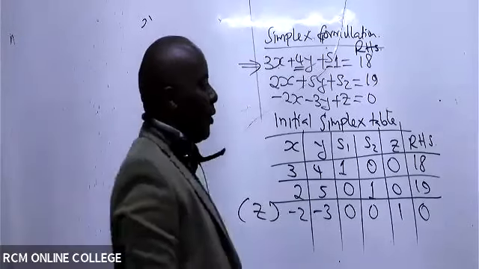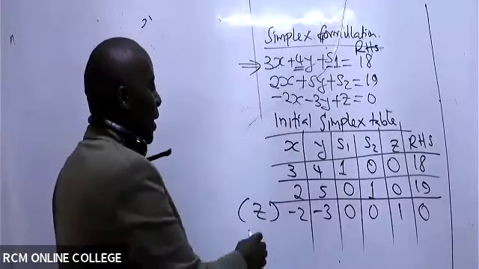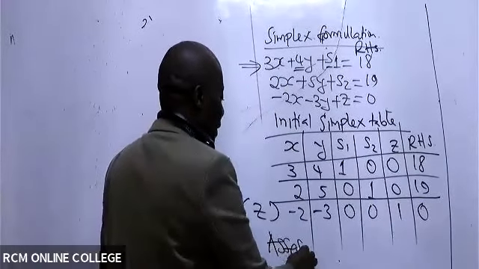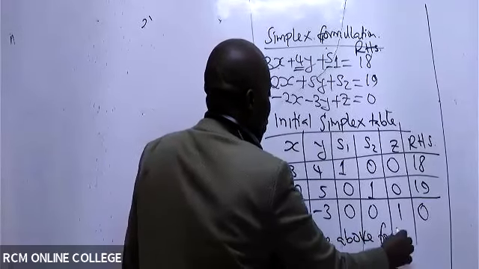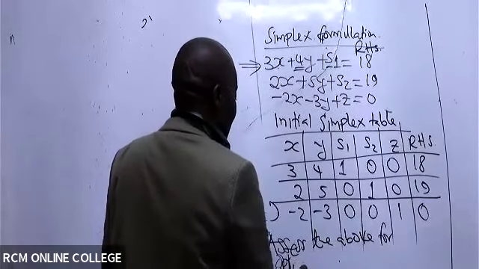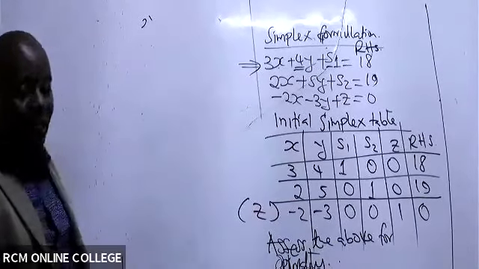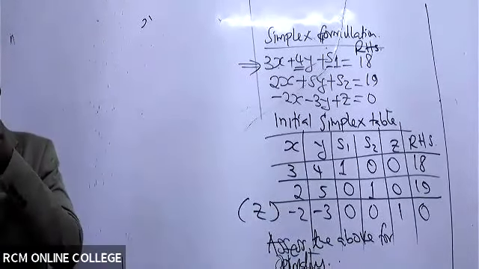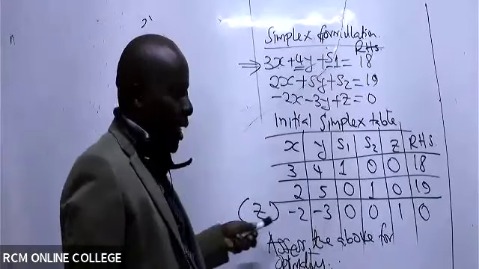Great. Now, ladies and gentlemen, after I do that, I'll ask myself a simple question: we assess the above for optimality. Optimality, we are asking ourselves, is this the very best table? It can't be the best table, because we are seeing losses.